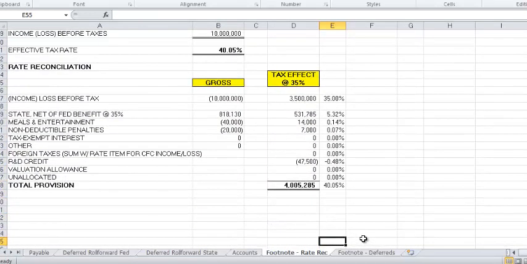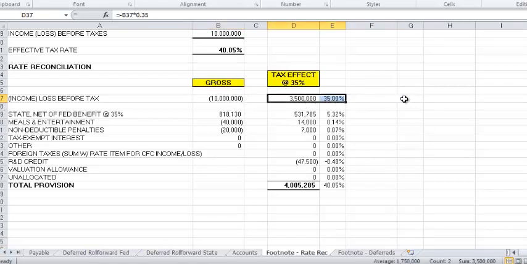Okay, then at the bottom of this page is a rate reconciliation. So I would expect my provision to be based off of PBT. That's 35% of PBT. I know my state provision is 818, and 65% of that, because I get a federal effect, is the 531. Right?